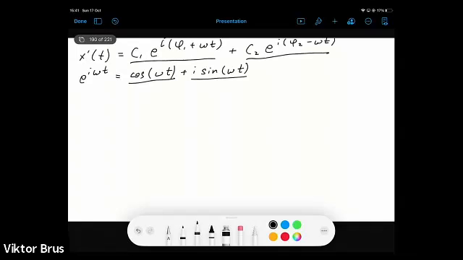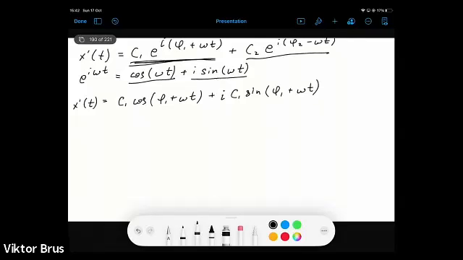So we can write that x prime as a function of t is equal to, first, C1 times cosine(φ1 + ωt). This is the real part of this first term. Now we need its imaginary part. It will be plus i C1 times sine(φ1 + ωt).